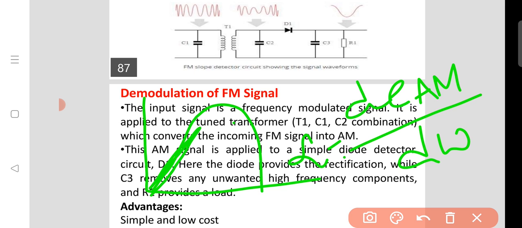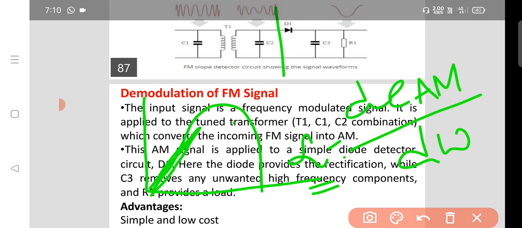This change in omega is nothing but a frequency change. That frequency change differentiates the amplitudes at the output of the frequency discriminator.